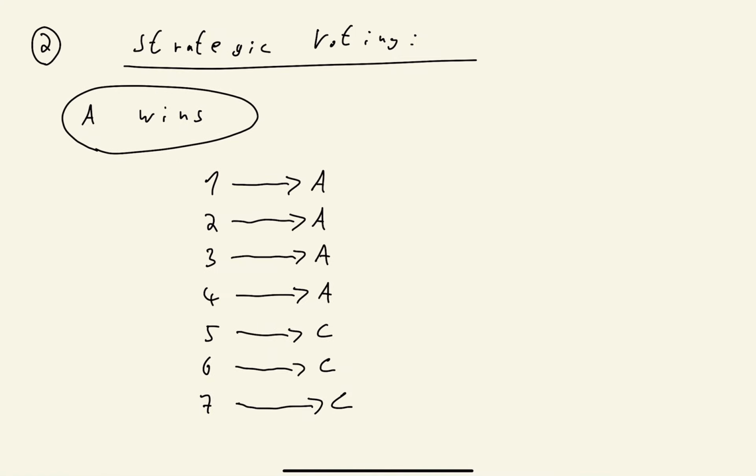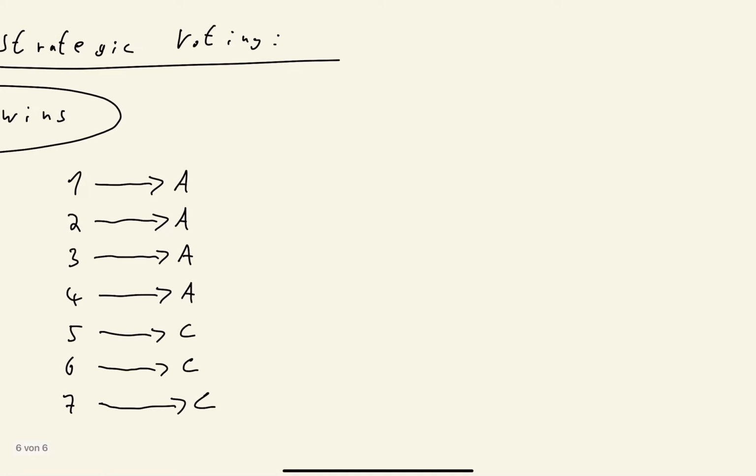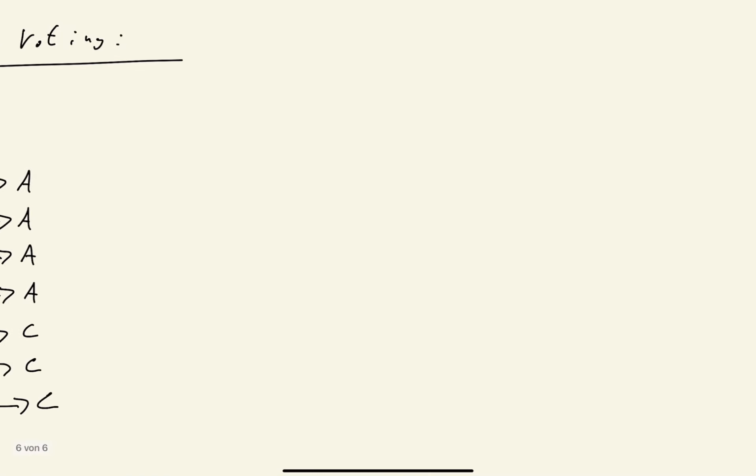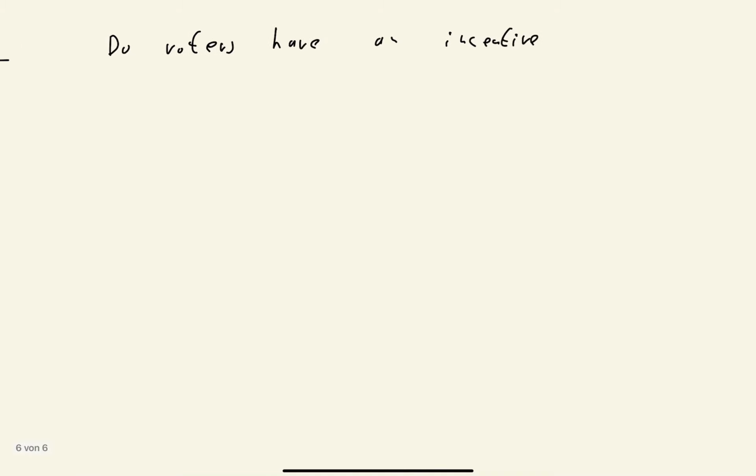Good. So now let's check whether somebody has an incentive to deviate. Do voters have an incentive to deviate?